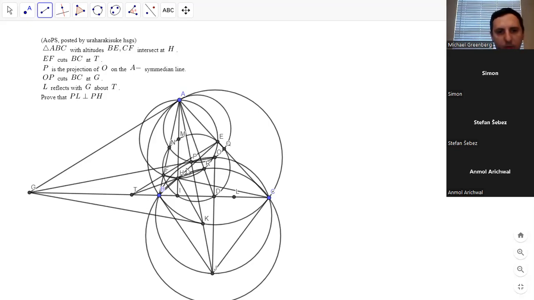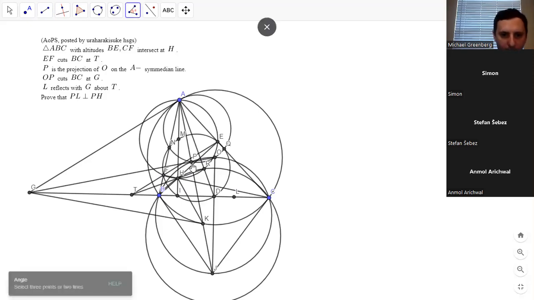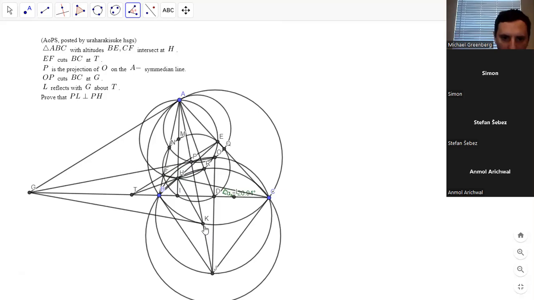I was going to say maybe PHL is similar to PGK. Let me check that. So PLH. No, that looks smaller than this angle. Oh, I think they are similar. PLH and PGK.